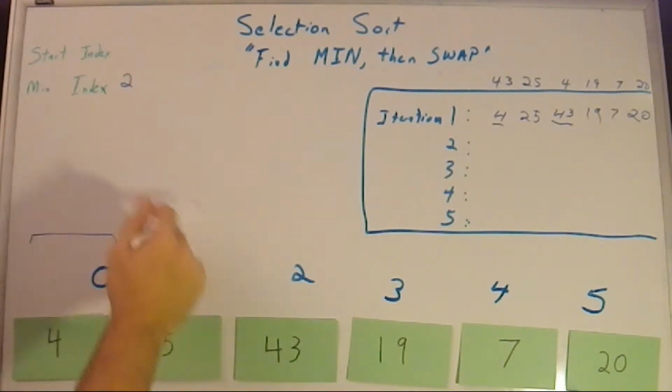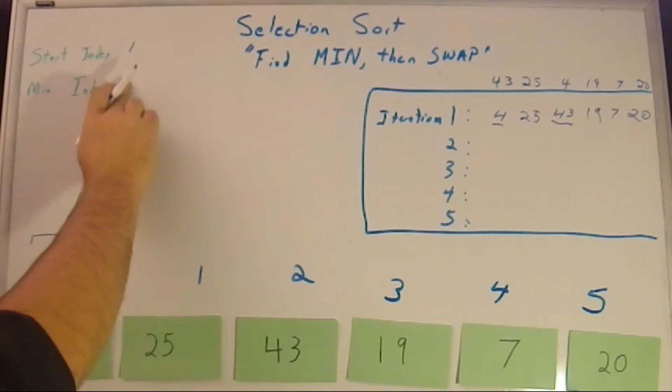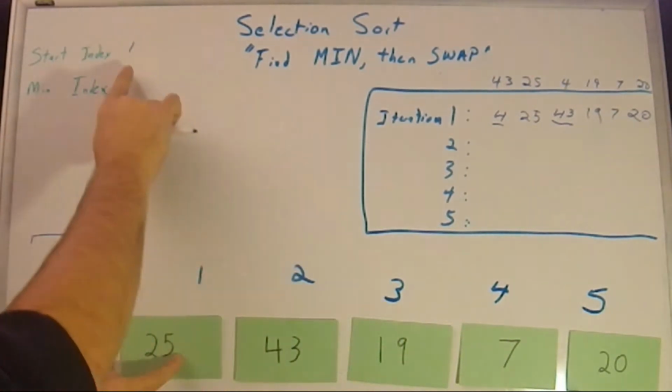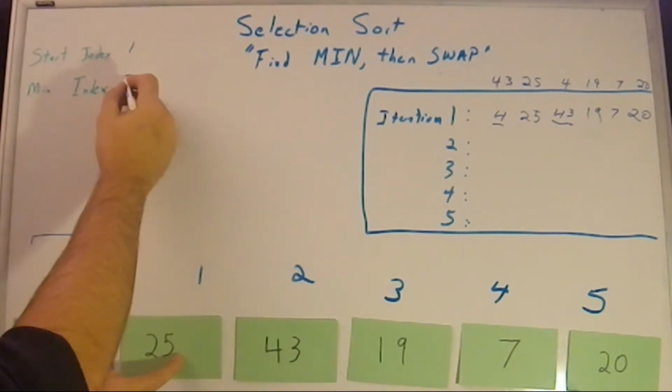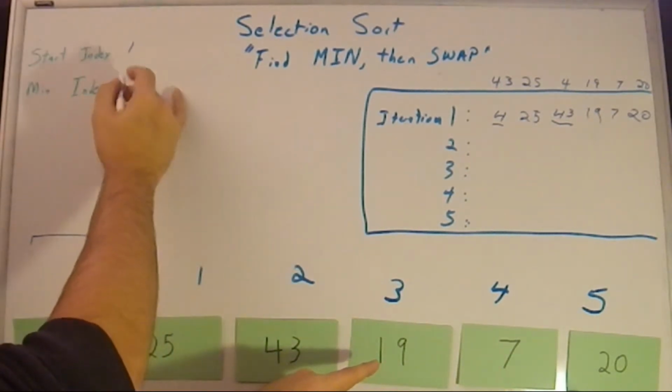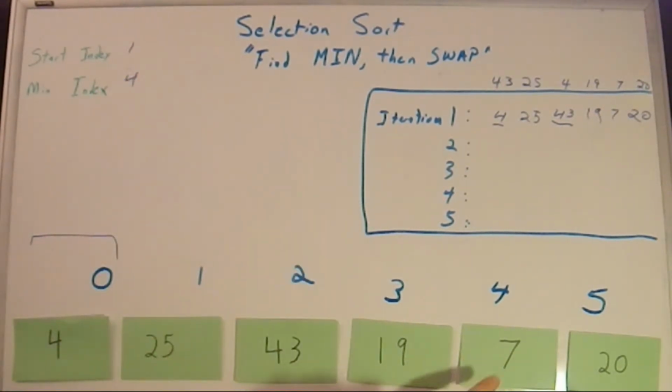Now we're going to start at index 1, and index 1 becomes our minimum index. We check 25 with 43, still smaller. 25 with 19. 19 is smaller than 25, so our new min index becomes index 3. 19 is greater than 7, so we change our index again to 4. Index 4, and 7 is less than 20.